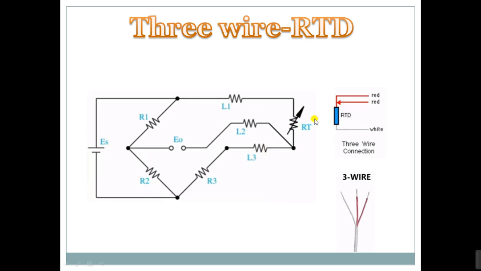Once the temperature varies, the Wheatstone bridge becomes unbalanced, and accordingly we can measure the voltage corresponding to the temperature. Using this 3-wire RTD, we can get a good balance of cost and performance. It is the most common type of RTD in industry. Good lead wire compensation can also be provided, and it is used in most industrial applications.